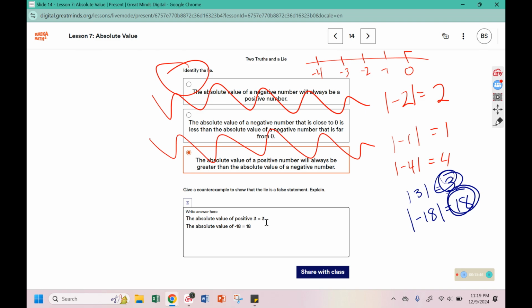But 18 is greater than 3. So their absolute values, this one has a greater absolute value than this one. And it said the positive will always have the greater, but in this case, the negative number had the greater absolute value.